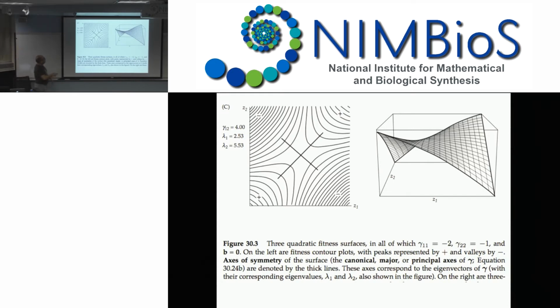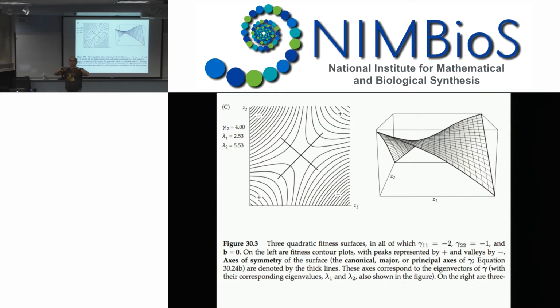So basically correlational selection, think of that as the tilt of that surface, right? And the tilt is relative to what you've defined as characters, how well do those match the actual axes of selection? And those angles are given by the signs on the eigenvectors.